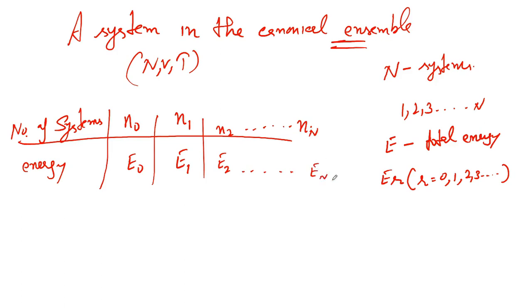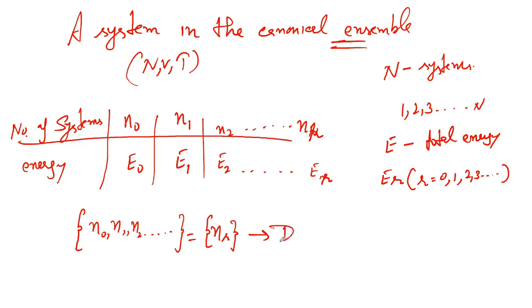So we have a set of systems, defined up to a value of r, having different energy values at a particular instant of time, and we generally represent it as n_r, which is known as the distribution set.